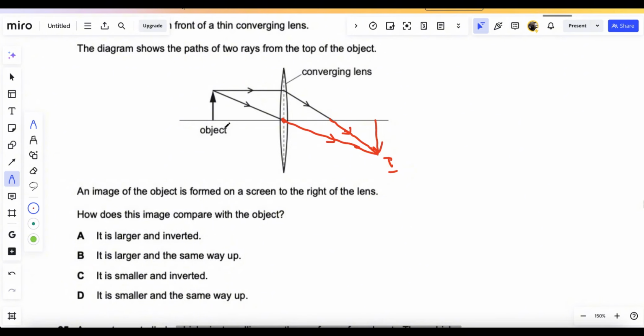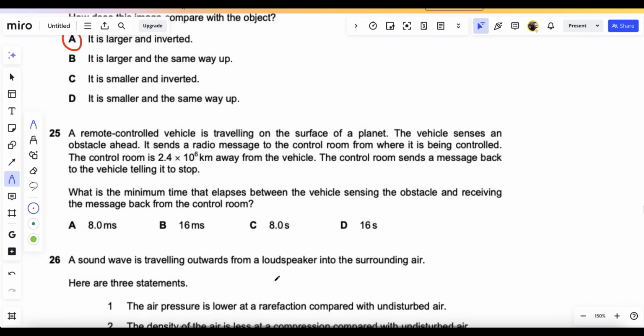This one is longer than this. So the image is larger and inverted. It's turned upside down. Larger and same way up is wrong. Smaller and inverted, no, it's not smaller. Smaller and same way up, no, it's wrong. So the most correct one is larger and inverted.